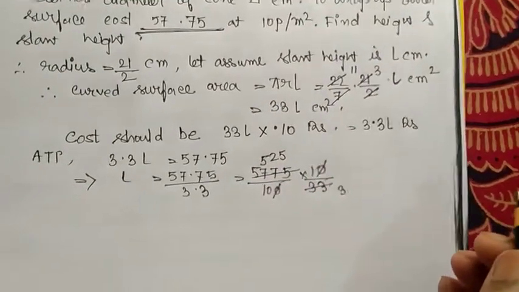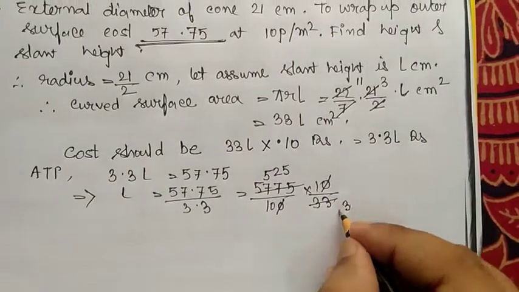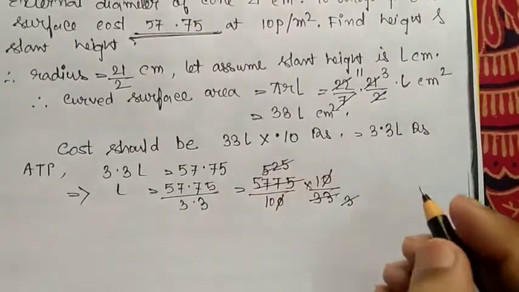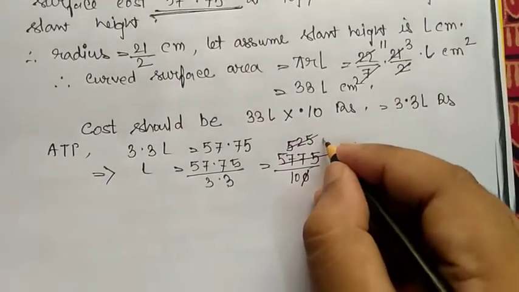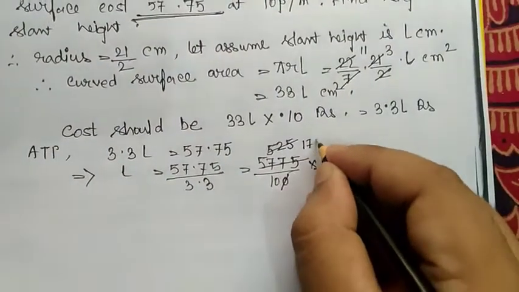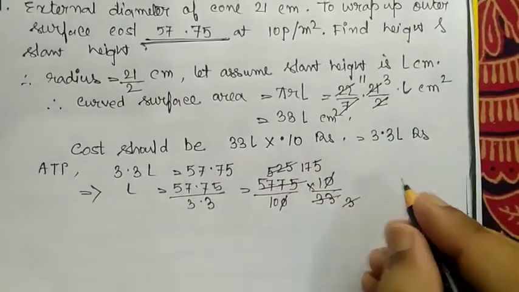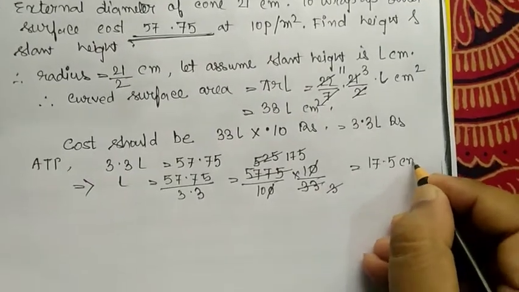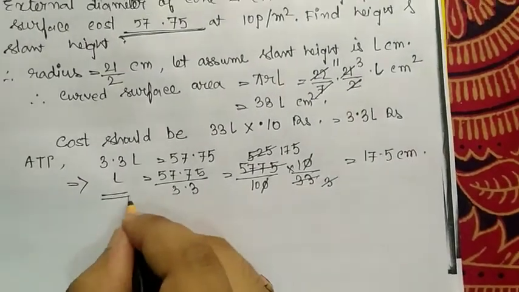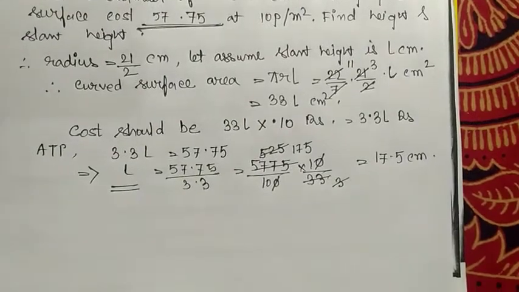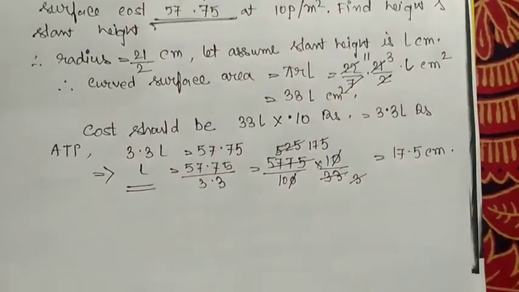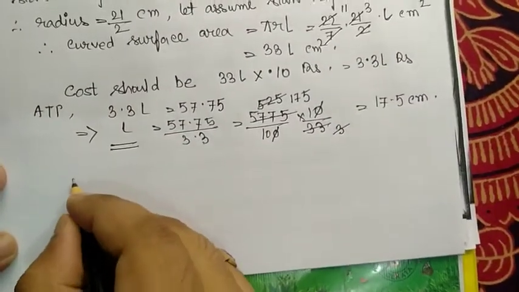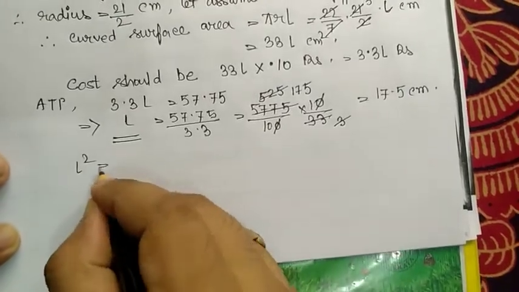After that it should be divided by 3. 3 17s are 51, so it should be 175. So 175 by 10 equals 17.5 centimeters. So here we find that the slant height is 17.5 centimeter.